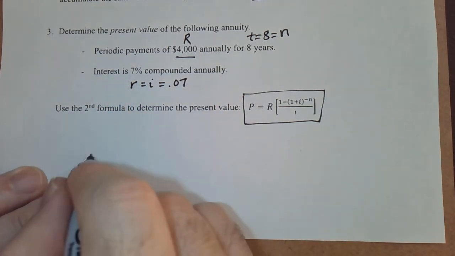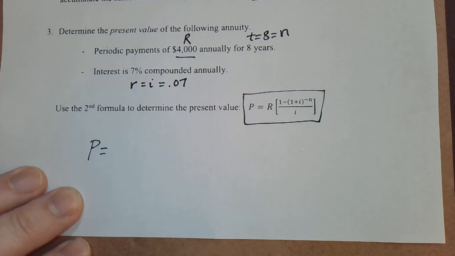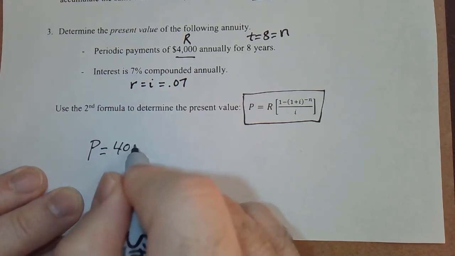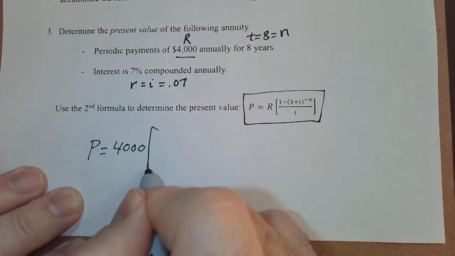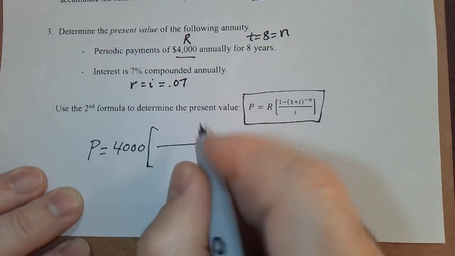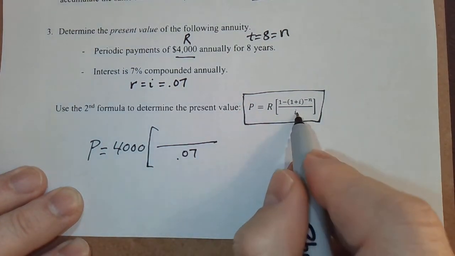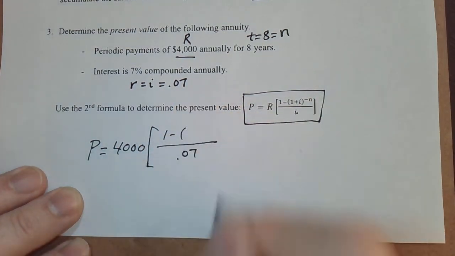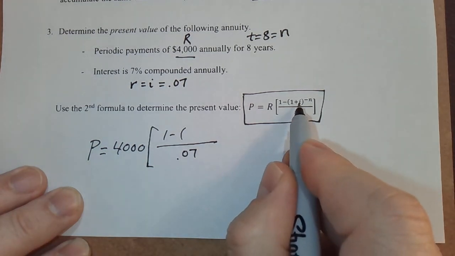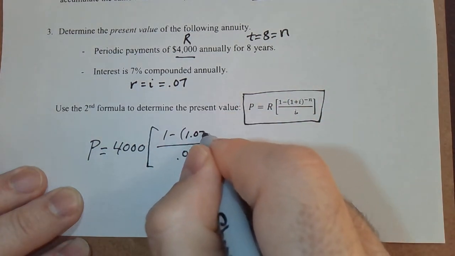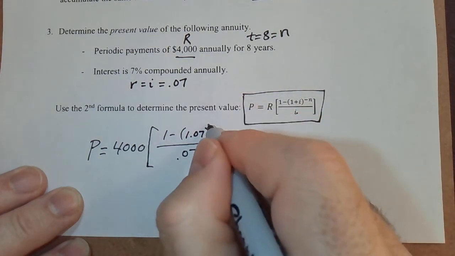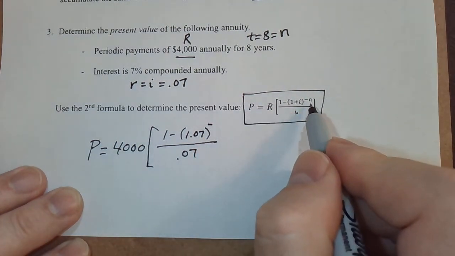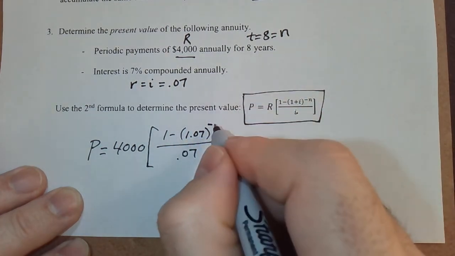So let's write this out. P is equal to, R is 4,000. Now I'll do the denominator first. It's 0.07. This would be 1 minus 1 plus 0.07, which is 1.07, raised to the negative, don't forget that negative sign, N, which is 8.